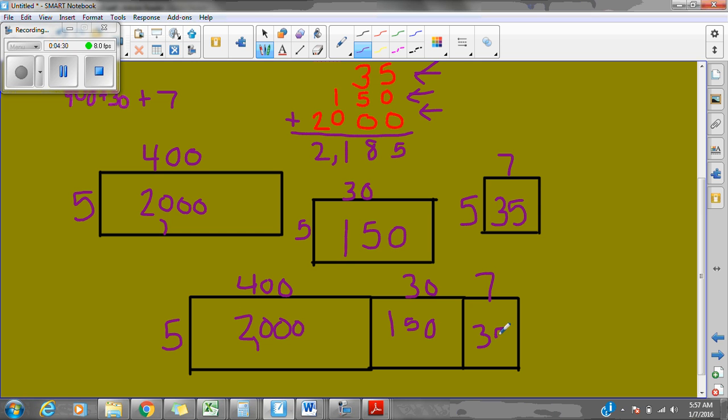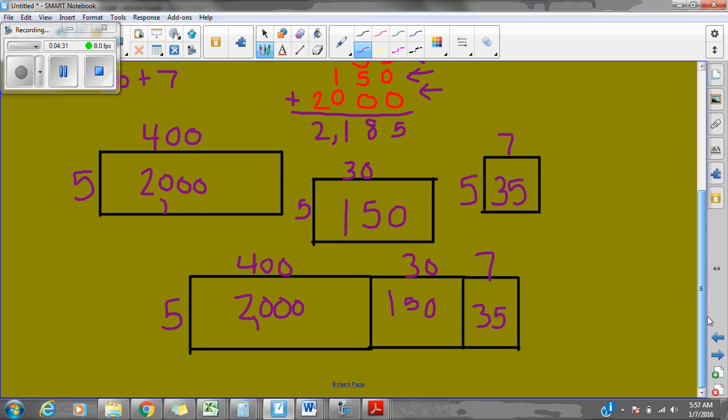So when you do this, you can see that if you add 2,000 plus 150 plus 35, you still get a total area of 2,185. If the question is specifically asking you about units or what square units, then you can add a label here at the end. And that is using area to solve multiplication problems and comparing it to partial product.